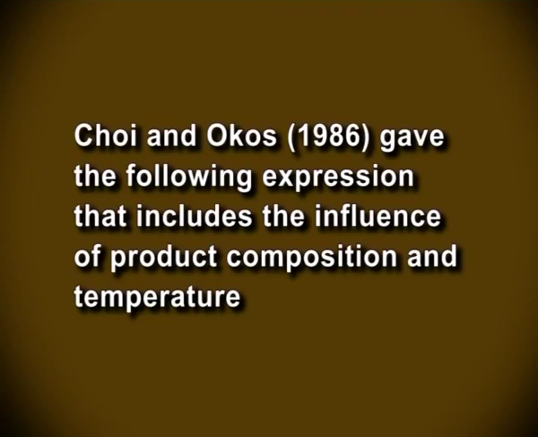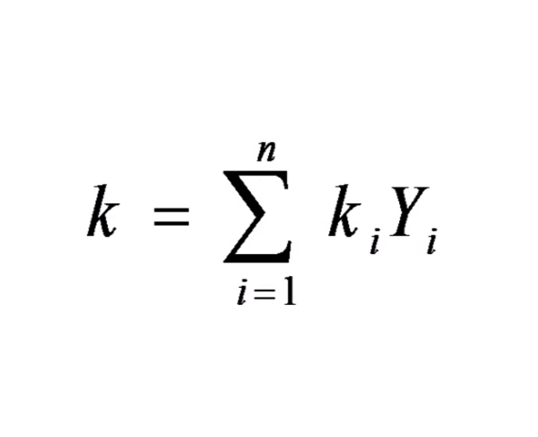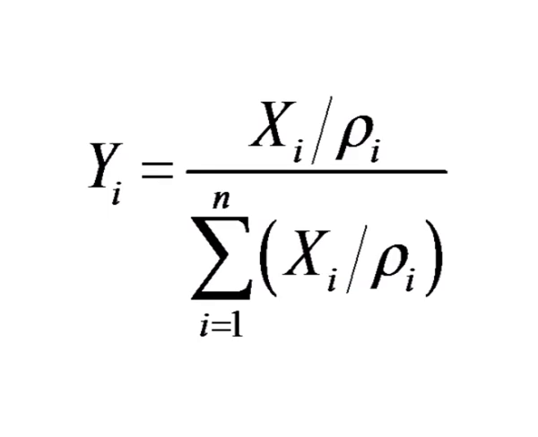Choi and Okos in 1986 gave the following expression that includes the influence of product composition and temperature, and that equation is k is equal to sigma i equal to 1 to n ki yi, where a food material has n components. ki is the thermal conductivity of the ith component, yi is the volume fraction of the ith component, obtained as follows. yi is equal to xi divided by rho i, whole divided by sigma xi divided by rho i, where i is from 1 to n.